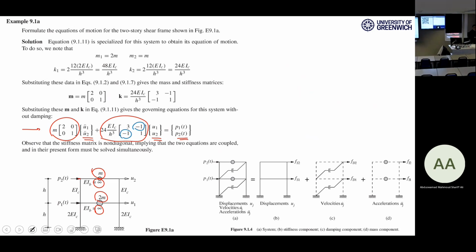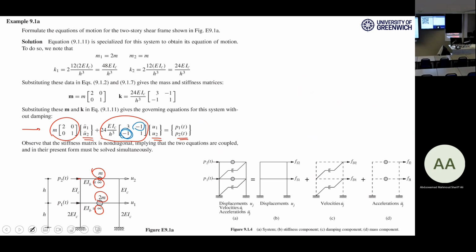Because when I multiplied in the previous slide, this is the responsible term that brings minus K2 U2 in the first equation, and this is the responsible term that brings the minus K2 U1 in the second equation.